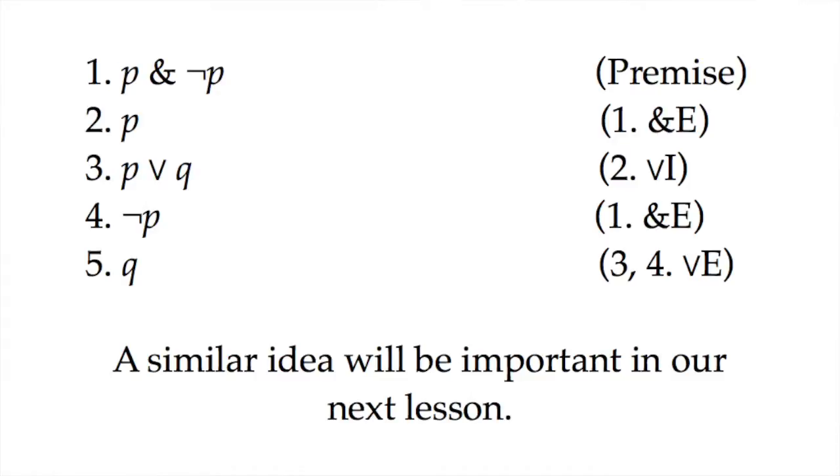Now, there's a very important lesson here. Statement 1 is self-contradictory. It says that the very same statement both is true and is not true. And here's the important lesson. If you ever accept that a self-contradictory statement is true, then you are logically committed to believing absolutely everything. Okay?